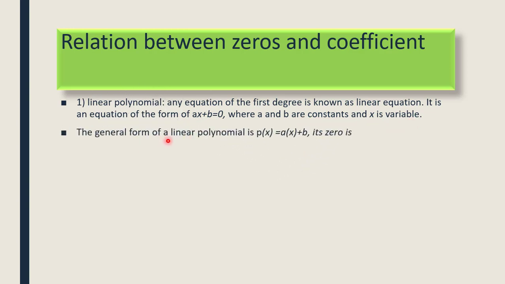Second, the general form of a linear polynomial is p(x) = ax + b. Its zero is -b/a, which equals -(constant term)/(coefficient of x). In this equation, we can see b is the constant term and a is the coefficient of the x term.